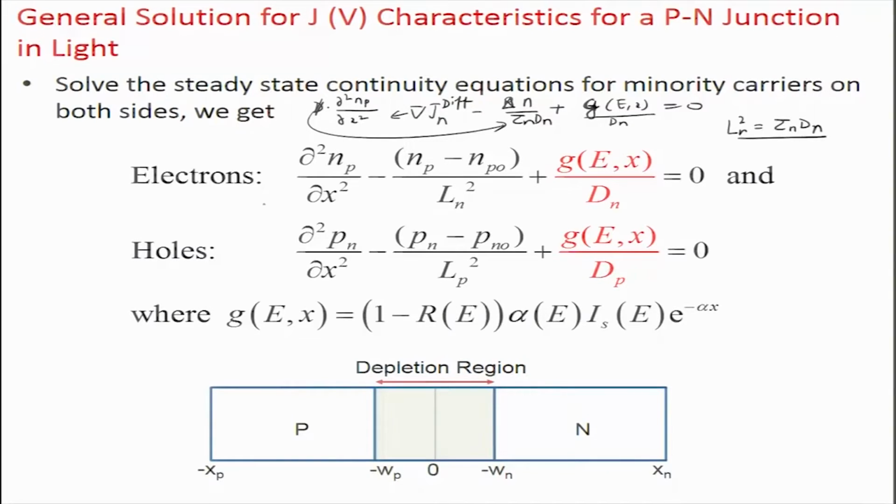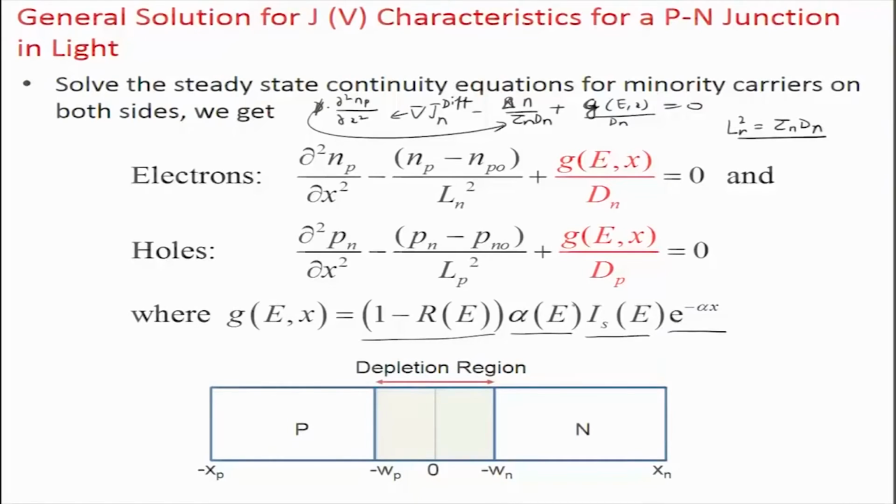So for both holes and electrons we get two minority carrier equations, and we know from basic physics that generation is equal to 1 minus R, which is what is left after reflection, times the absorption term, multiplied by the photon flux and the exponential factor, which goes as a function of distance in the device. Depending upon how deep you go, you will have absorption.